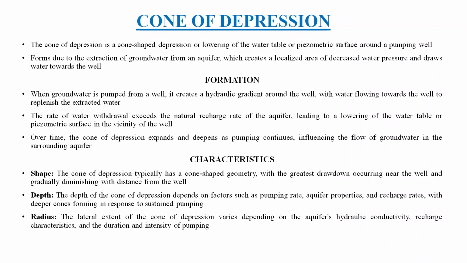The lateral extent varies depending on the aquifer's hydraulic conductivity, recharge characteristics, and duration of pumping. So, apart from natural factors, the main factor in the formation of a cone of depression is how fast you are discharging the water from an aquifer.